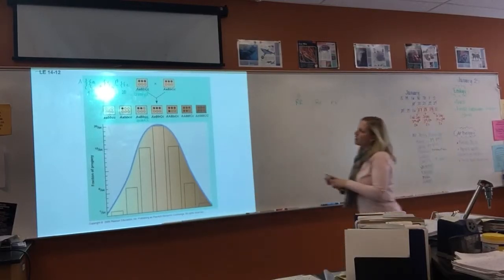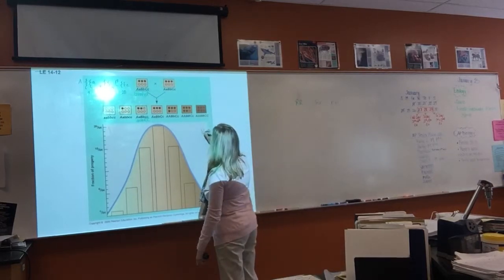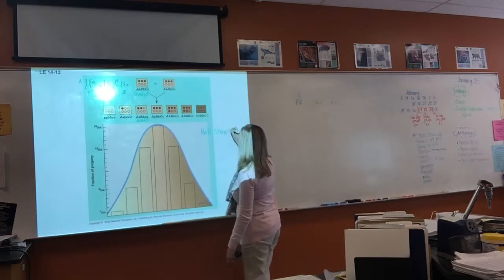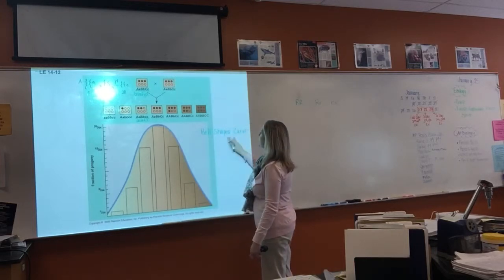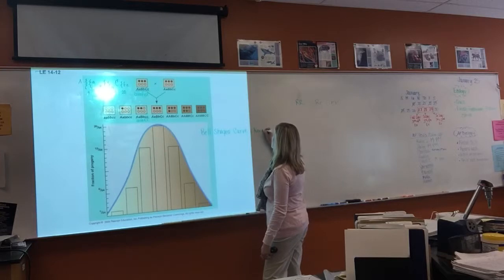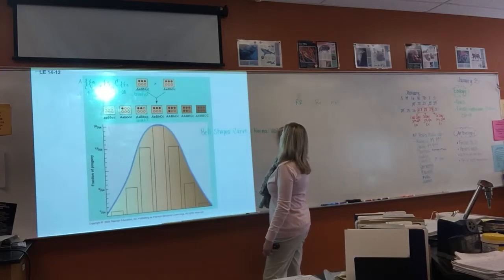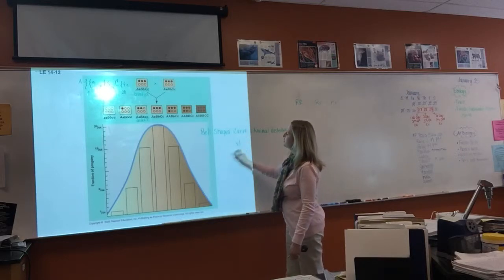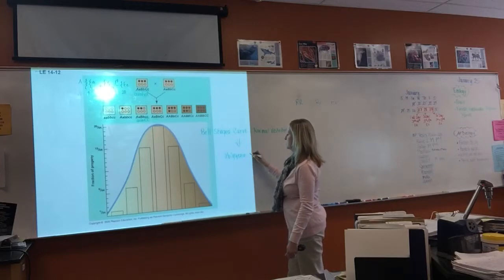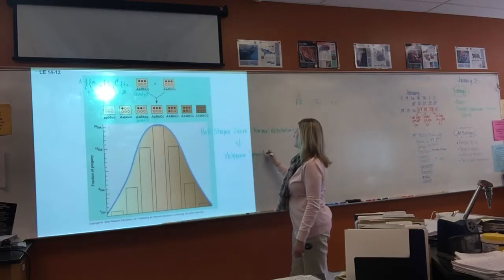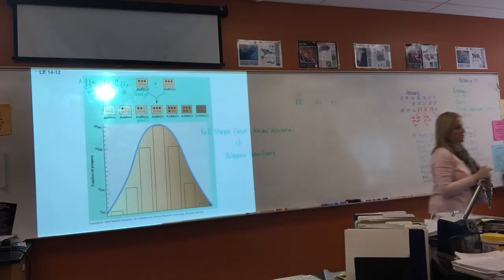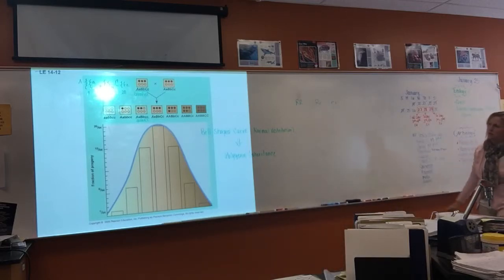And so whenever you see a trait exhibited in this bell-shaped curve, which is also called a normal distribution, it most likely is a polygenic trait, inherited by polygenic inheritance, which creates that bell-shaped curve. And so you get this continuum there.